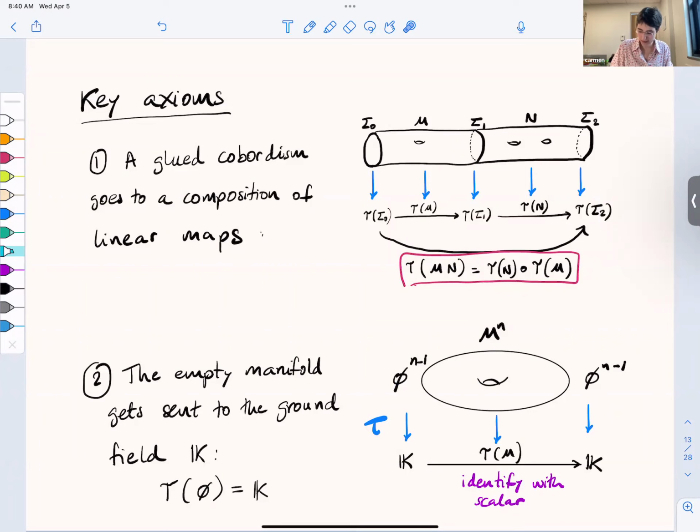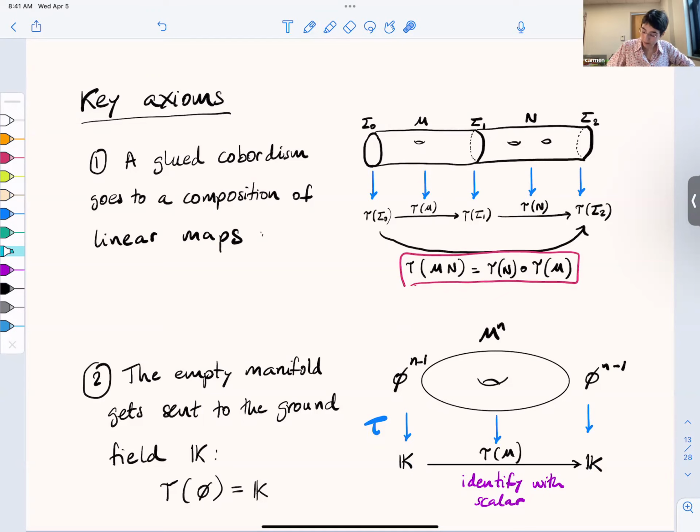What does the TQFT do to that? The empty manifold gets sent to the ground ring, my little k here. Of course, on the other side, the empty manifold also gets sent to the ground ring. Then something very interesting happens, because your manifold here gets sent to a linear map, but it's a linear map between two copies of the same ground ring. So essentially you can identify that with a scalar.